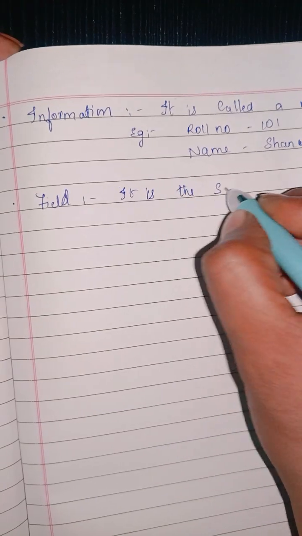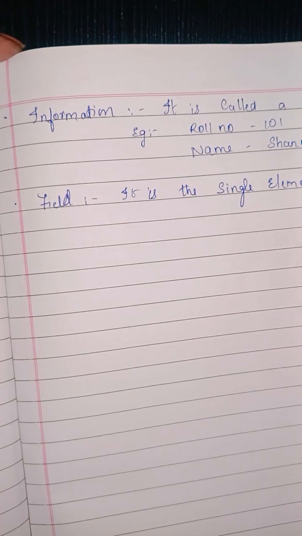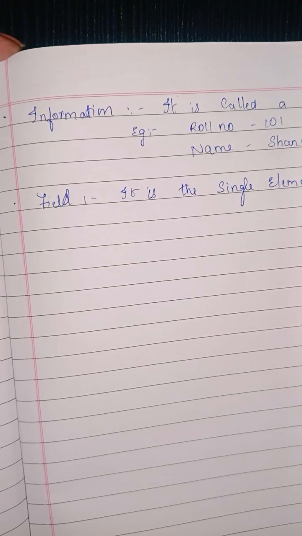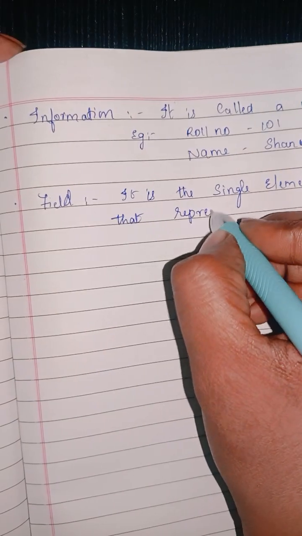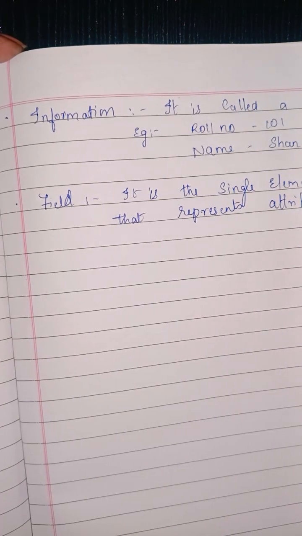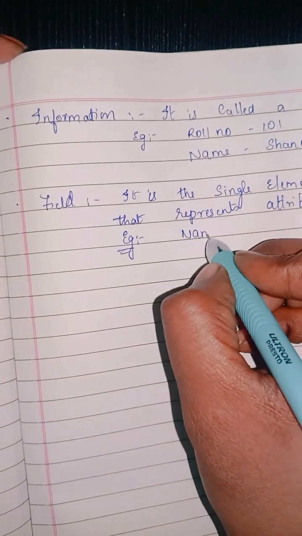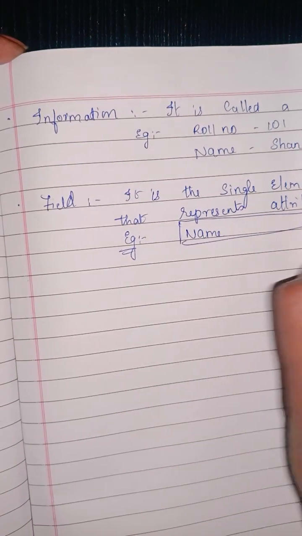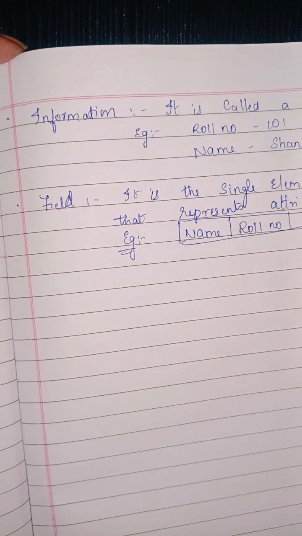Example: name, roll number, DOB, that is date of birth.